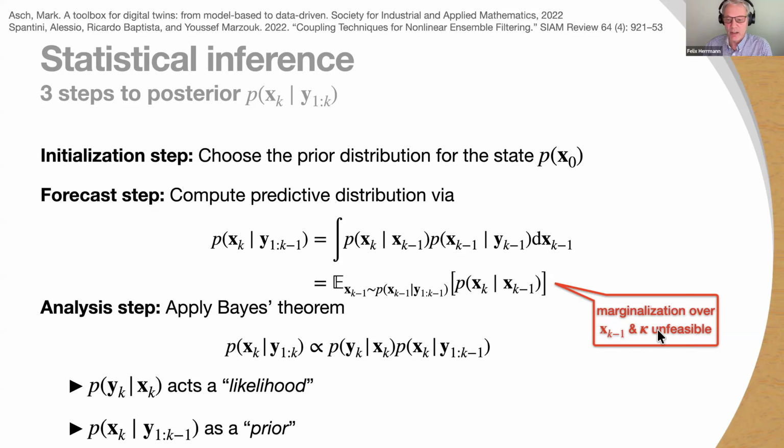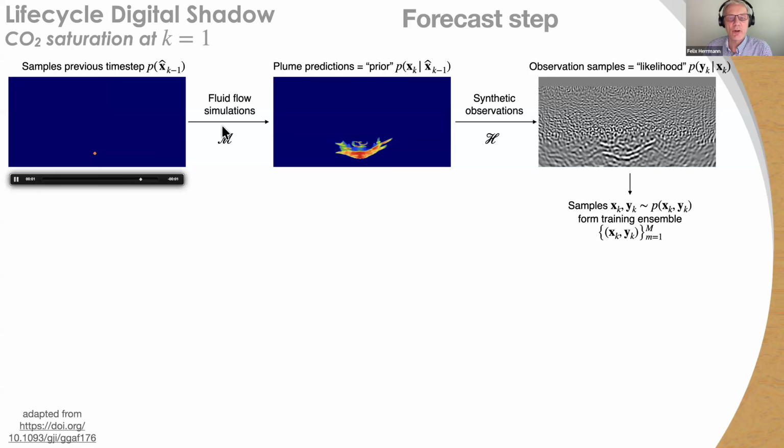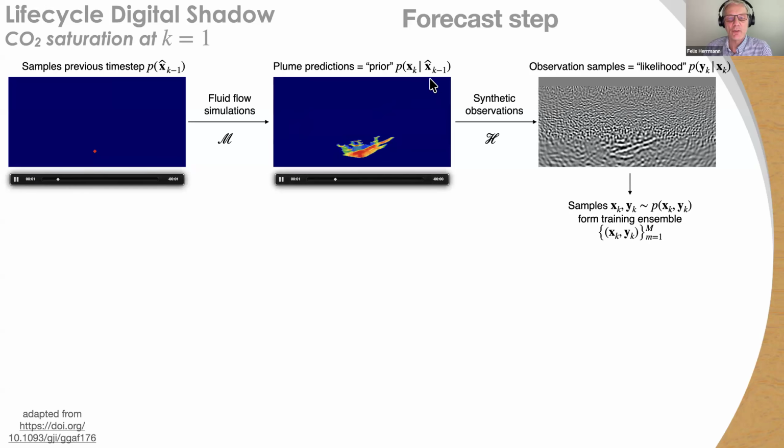So let's first show in pictures what we do, and then I will go a little bit more into what the different steps entail. So here we look at the first time step. At time step 0, we start injecting. You can see that the location at which we inject varies vertically, and the injection rate changes. Right, and then we apply the dynamics, and that brings us from time step k minus 1 to k.